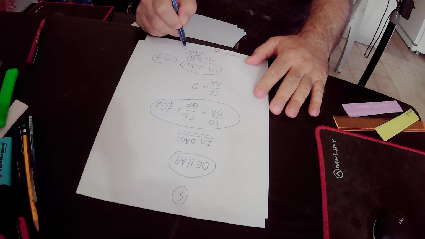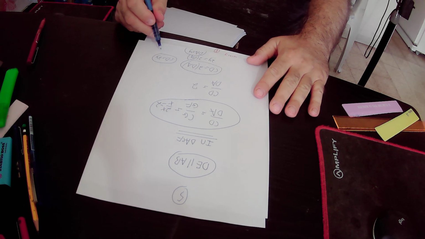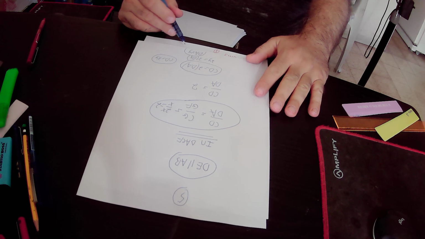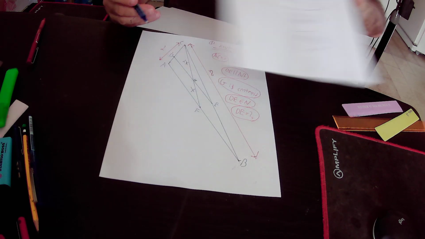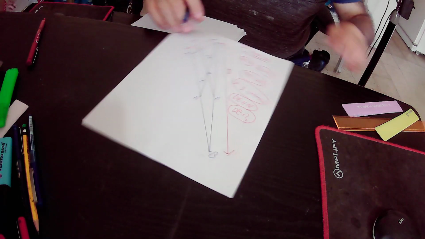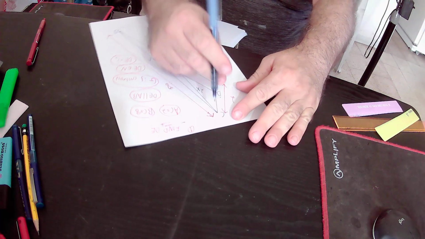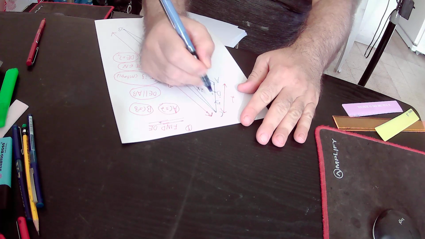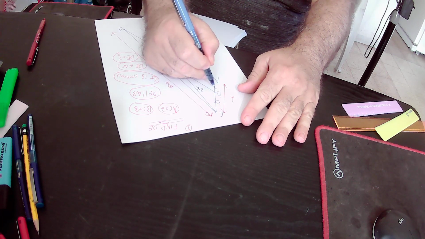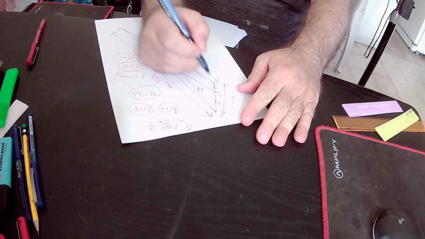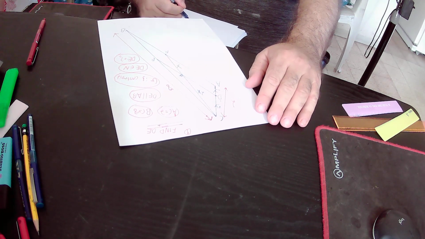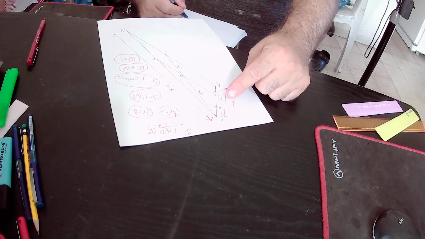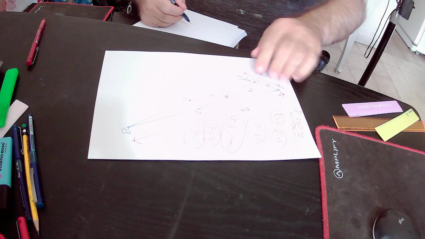So we found out that if CD equals 2y, then DA equals y.